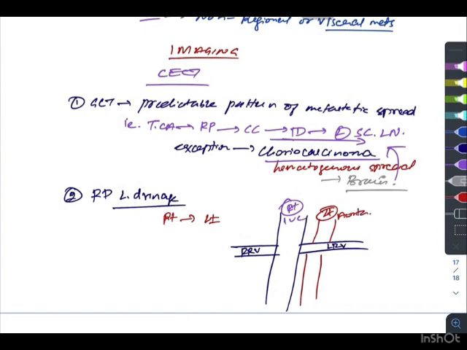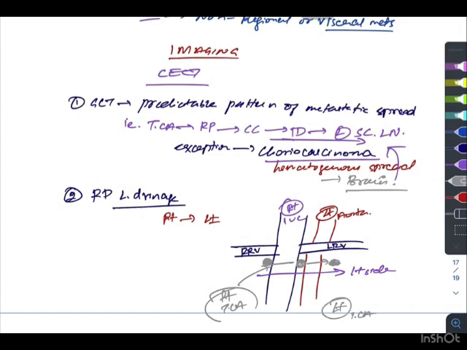So let's see the pattern of metastatic spread. For right-sided testicular cancer, the metastatic spread goes to the paracaval lymph nodes, interaortocaval lymph nodes, and then to the para-aortic lymph nodes. From the right side, it goes to the left side. Let's see the left-sided testicular carcinoma lymphatic drainage.